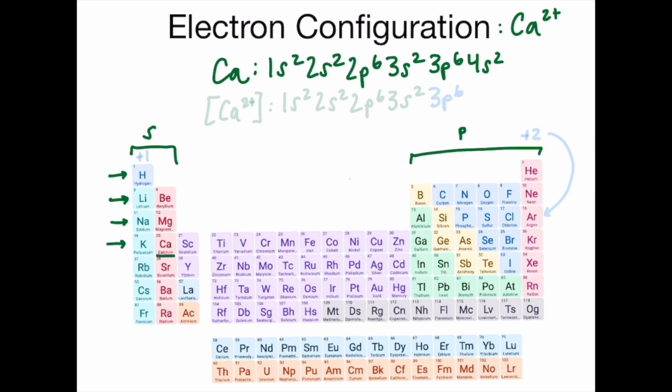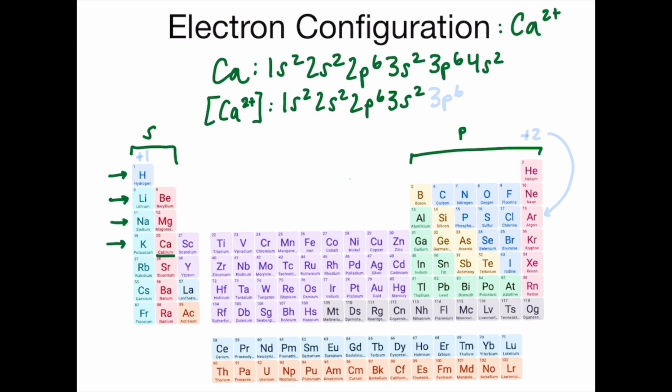But we're not looking for the electron configuration of calcium, we're looking for calcium 2+. So that is the ion of calcium. So let's go through, and we know we're set at least to the third period, so we can go ahead and write in the same electron configuration up to, let's say, 3s2. And then let's think about where the ion of Ca2+ would be on the periodic table.